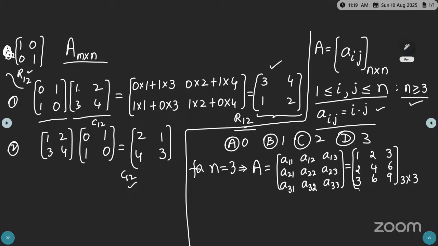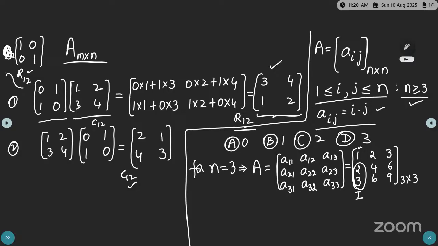Now, in order to find the rank of it, I am going to use reduced row echelon form, no determinant. We use either echelon form or normal form. Normal form takes time, so echelon form. That means we have to make these two zeros in the first step using the first row element.